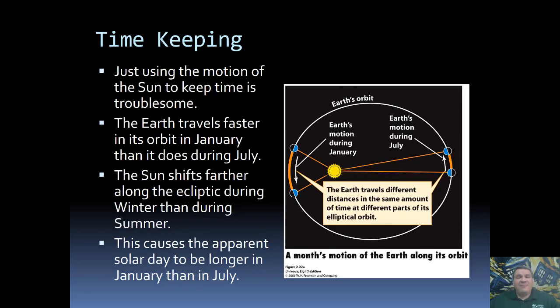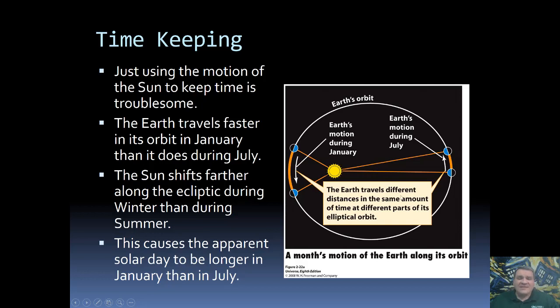Now, telling time based off of the sun actually starts to get troublesome. One problem is that the Earth orbiting around the sun actually speeds up and slows down. When the Earth is at its closest to the sun, it travels faster, and when it's far from the sun, it travels slower.